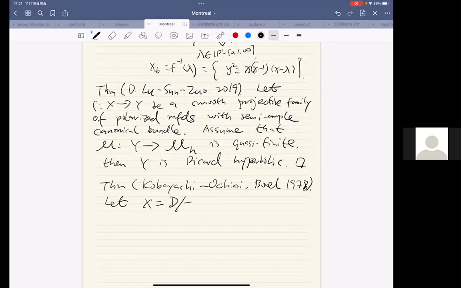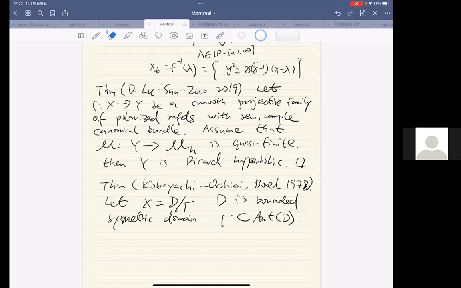So X is a quotient of a bounded symmetric domain, which I denote by D, where D is a bounded symmetric domain, and gamma is a lattice of the automorphism group of D, acting on D. Acting freely, it is therefore a smooth complex manifold.